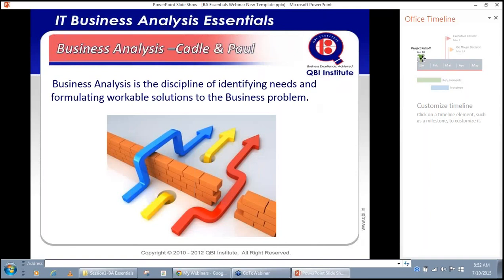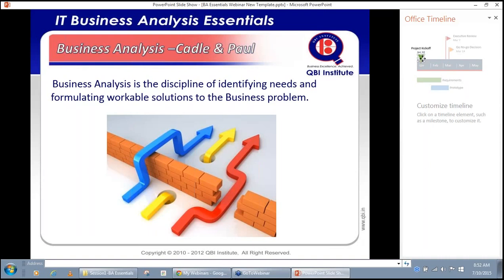And if I go by the definition of legendary authors Cadell and Paul, business analysis is the discipline of identifying needs and formulating workable solutions to the business problem. So you see, you analyze work to be done or matter to be attended. What is the work which is to be taken up?